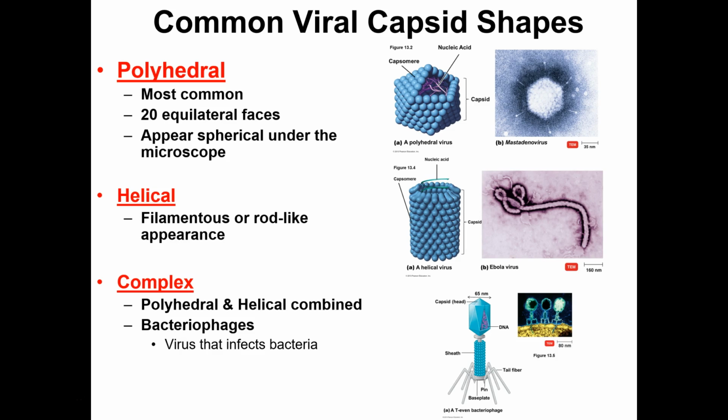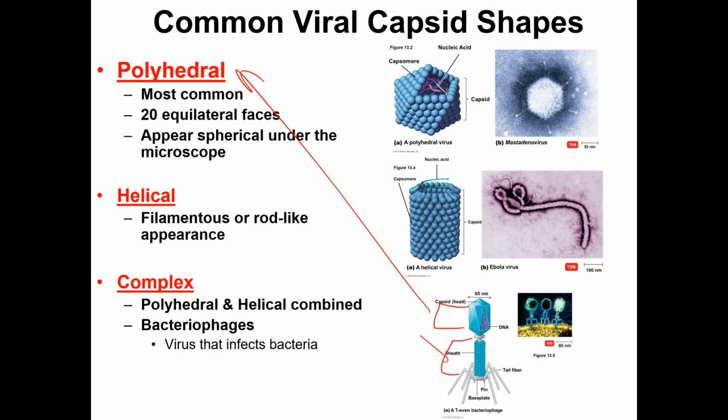Alright, now what we are going to focus on in this chapter is that strange-looking guy at the bottom. Complex viruses. And complex because of the multitude of components. So basically, with a complex virus, it has 2 major components. The head component is polyhedral.